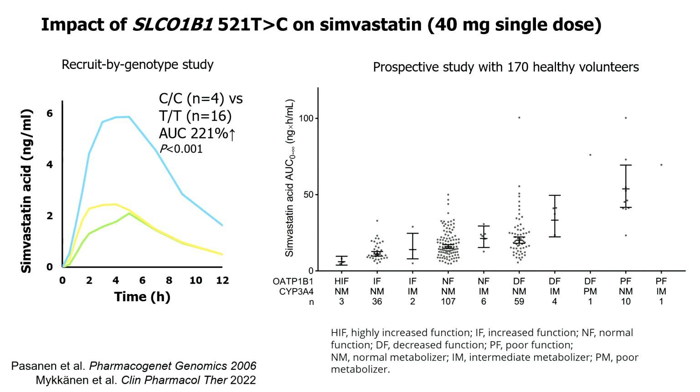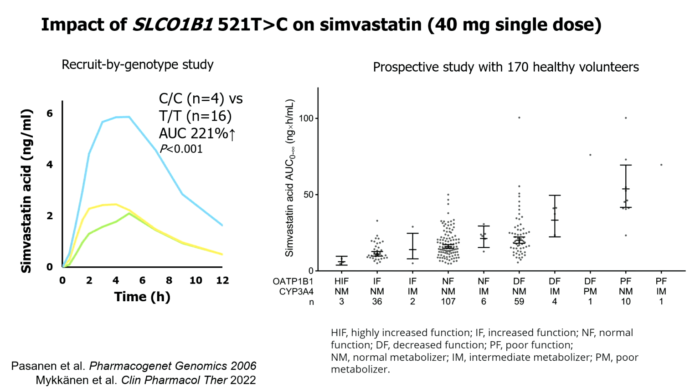And in some of our newer work, with a larger study with 170 healthy volunteers who were not genotyped beforehand, the same is visible here. These poor function phenotypes are quite rare, but you clearly see a differentiation: the lower the predicted OATP activity based on genotype is, the higher the simvastatin acid AUC is.